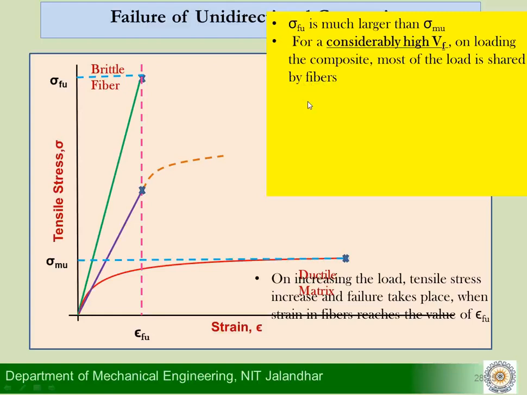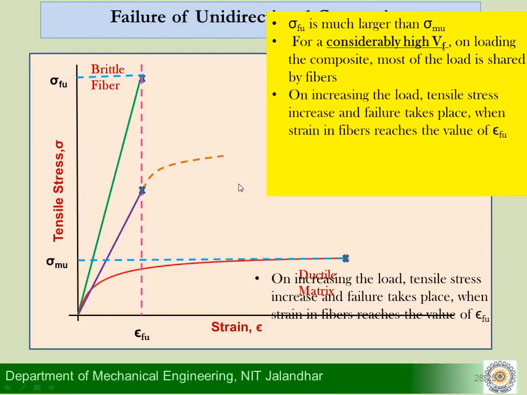We have seen in our previous slides the ratio PF upon PC, that is the load shared by the fibers to the total load of the composite. And we have seen that for high values of EF upon EM, even 15-20% volume fraction can make most of the load be shared by the fiber. So most of the load is shared by the fibers for a high volume fraction. If the volume fraction falls below this, it may be very low, then something else may happen, but we'll go to that case later on. Right now we're saying it is considerably high, and that is why most of the load is taken by the fiber.